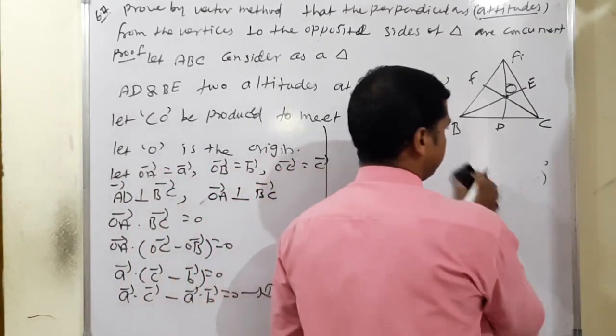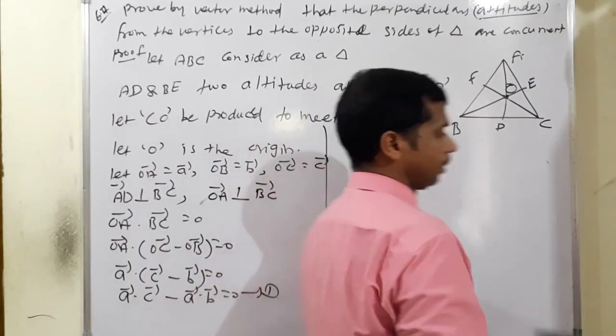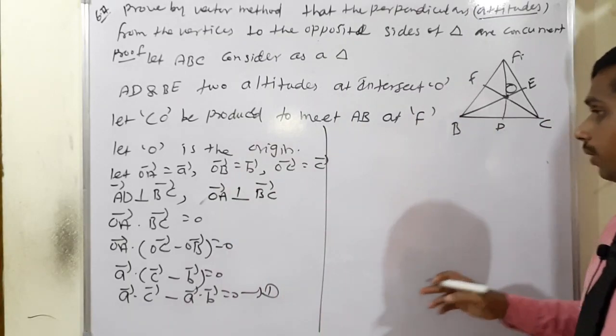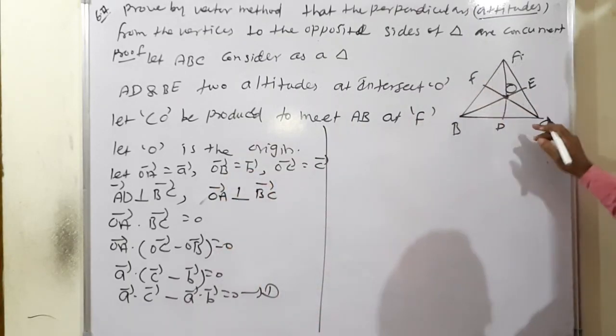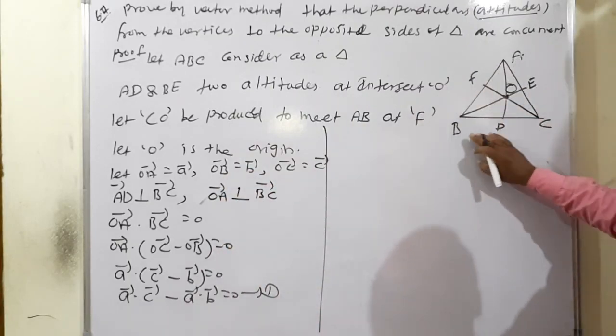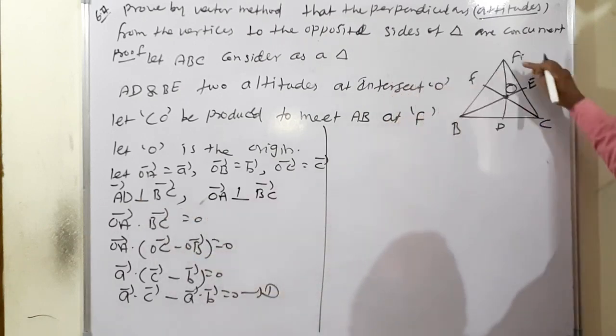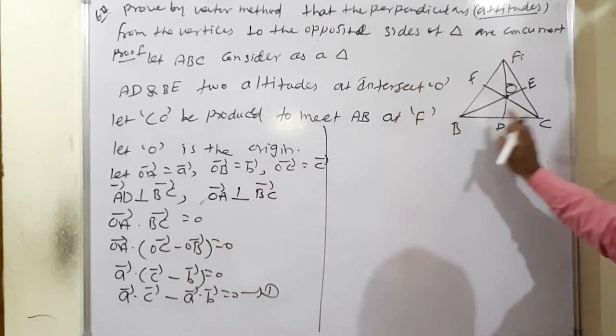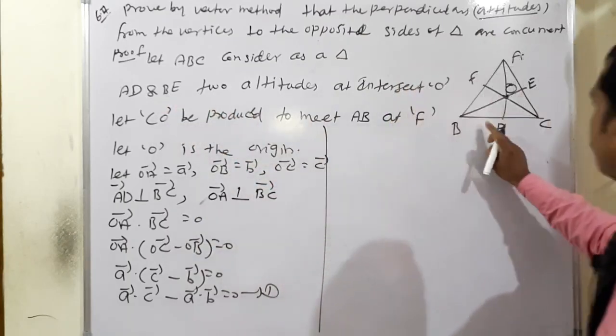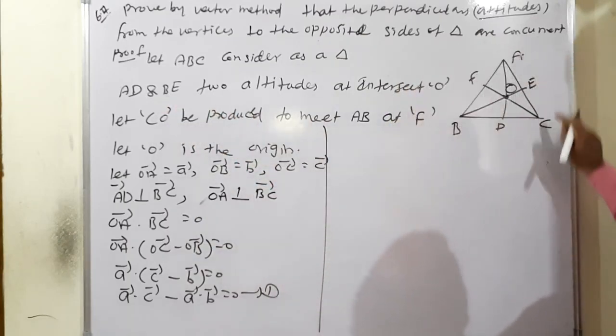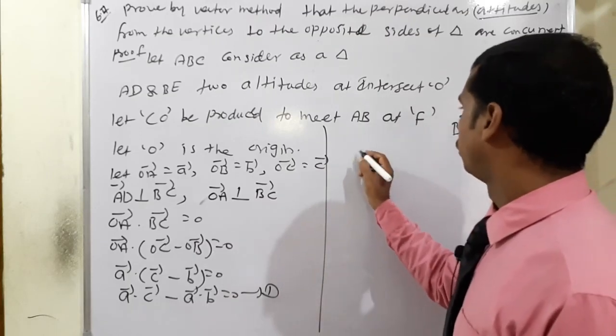Next condition. The first altitude is over. Second altitude: first one I have taken AD perpendicular to BC. Second one, we can take BE perpendicular to CA.